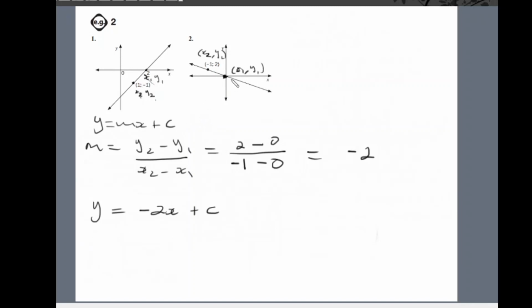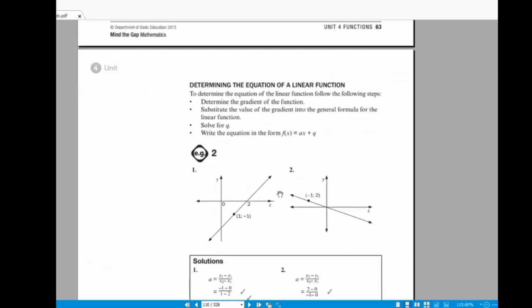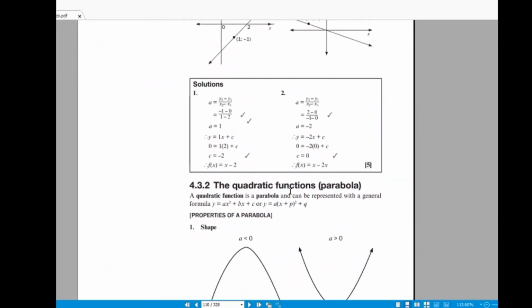But if you want to calculate it, you can simply substitute using that point, x2 and y2, right. Where you see y, you'll put 2, and where you see x, you'll put minus 1, right. And then solving for c, you'll see at the end c is equal to 0, right. Therefore our equation is just y = minus 2x. Okay, right.